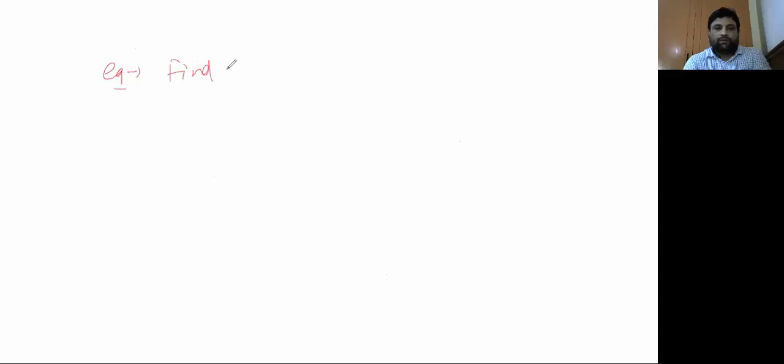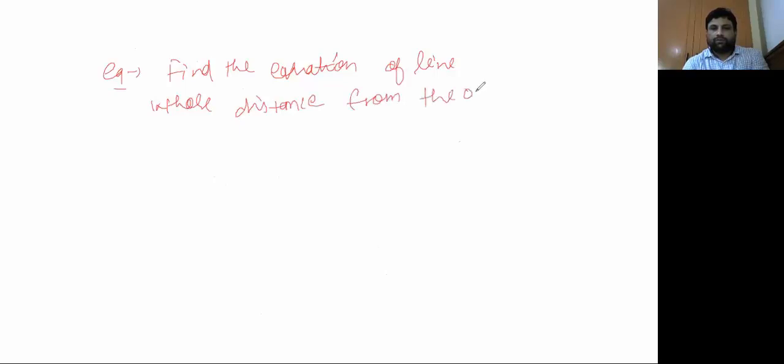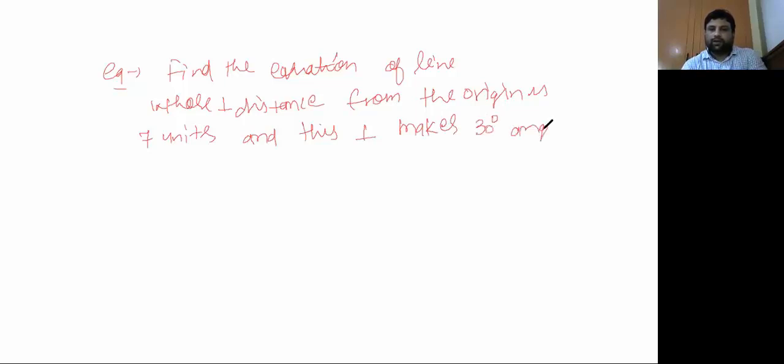Find the equation of line whose perpendicular distance from the origin is 7 units and this perpendicular, the normal, makes a 30-degree angle with the positive x-axis.